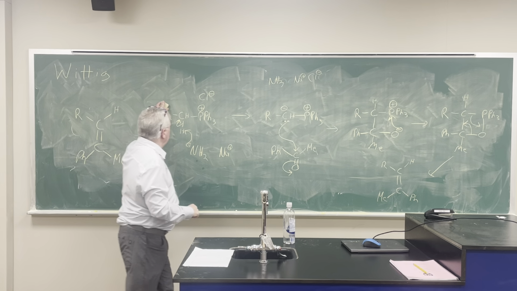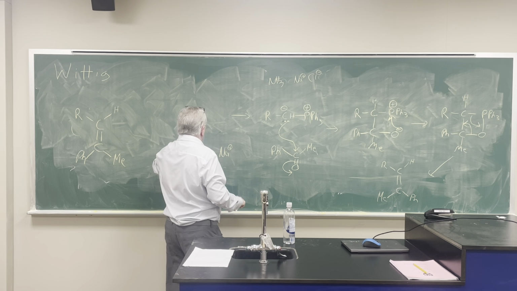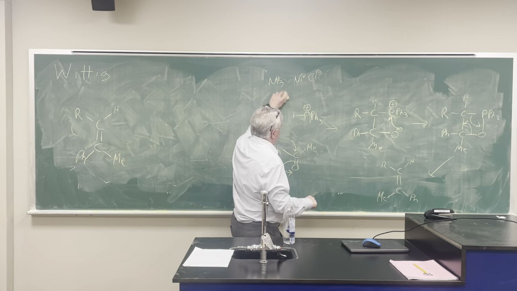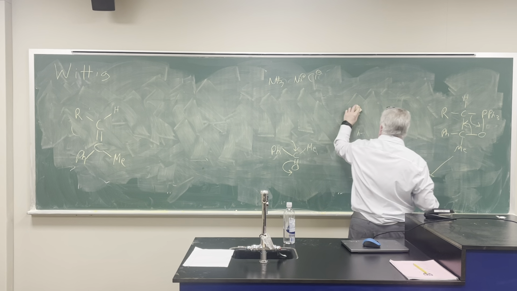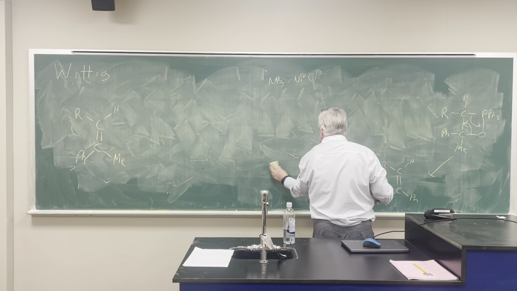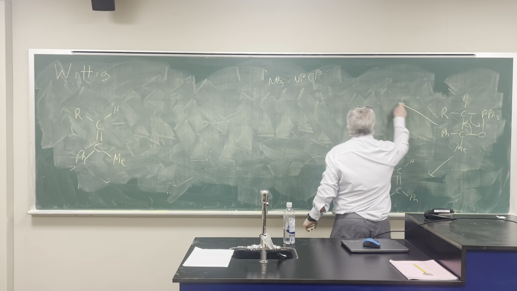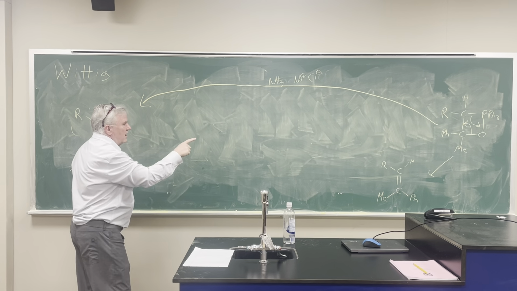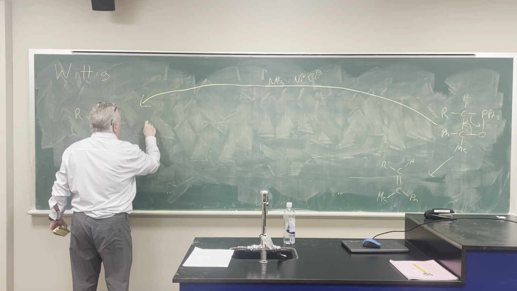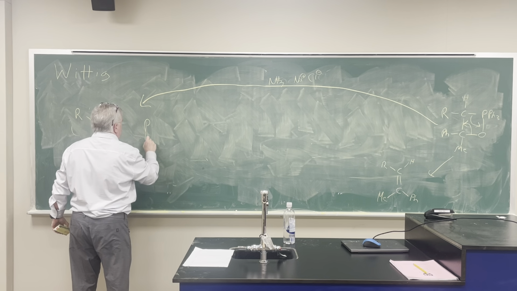Let's erase the rest of this now, just so it's not in the way. We'll draw a big long arrow. We drew that thing, and the other thing we made was our phosphorus.